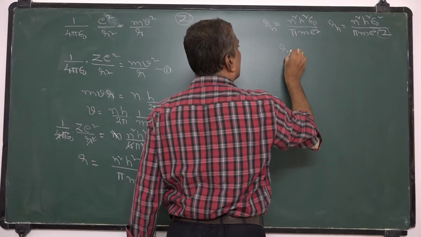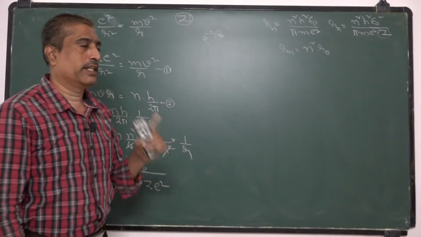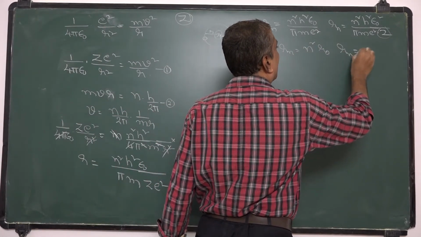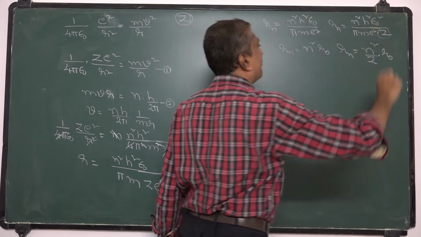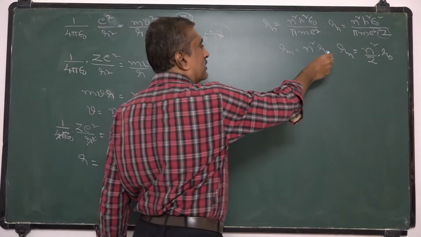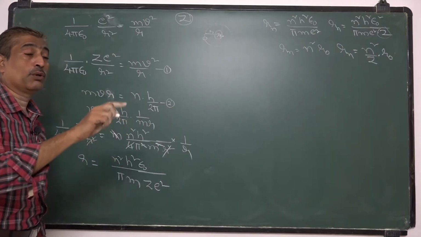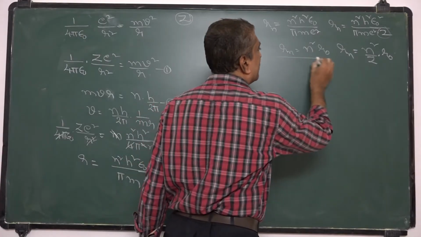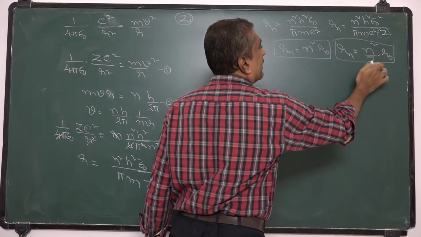So r n is actually n square into r 0 as we write in the case of hydrogen atom. But in this case we have to write r n is equal to n square by Z into r 0. Actually this r 0 we calculated as 0.529 Angstrom, so you remember this. This is for hydrogen atom and this is for atoms having Z number of protons.